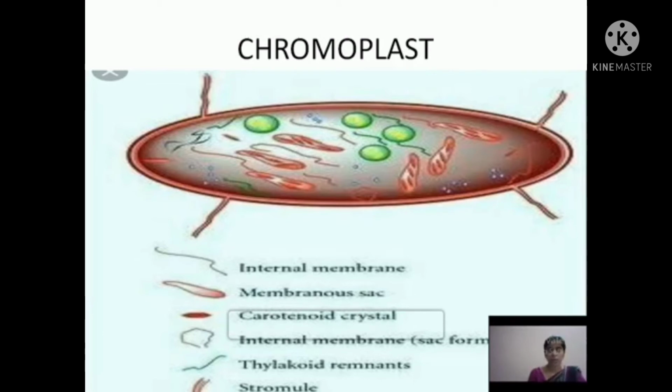Chromoplasts have carotenoid pigments. These are the carotenoid crystals inside. These help the color change in leaves, fruits and flowers. The main reason for the structure and the color is attracting pollination.